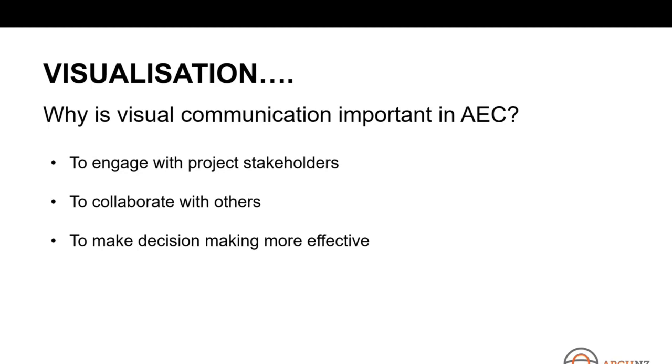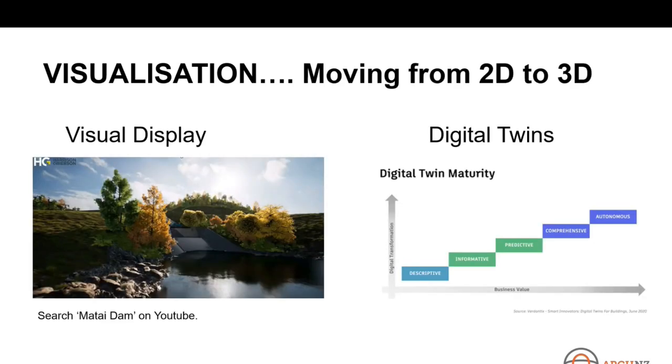And if you're going to get a bit more clever, you could start putting in some IoT sensors. But at the most basic level, we're going from visual display, so videos and pictures to communicate design intent or design conditions, whatever changes it may be, up to digital twins.